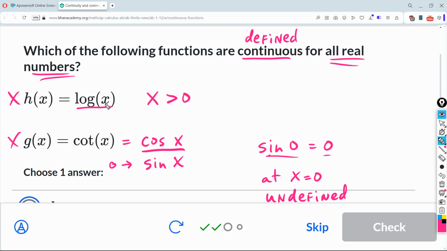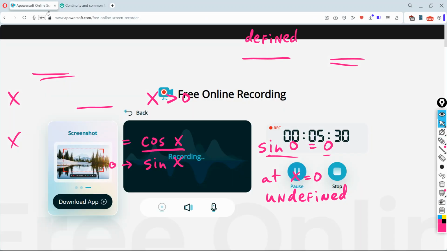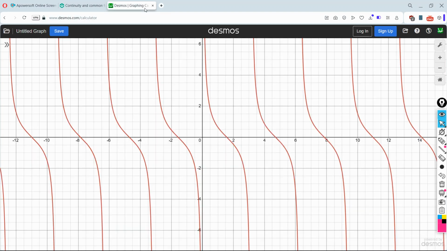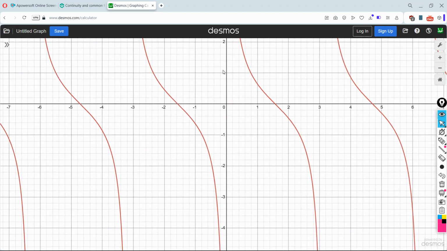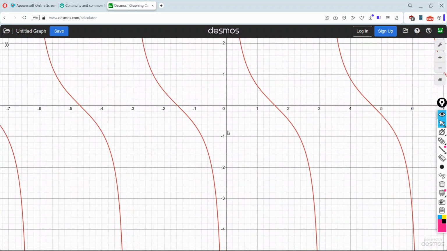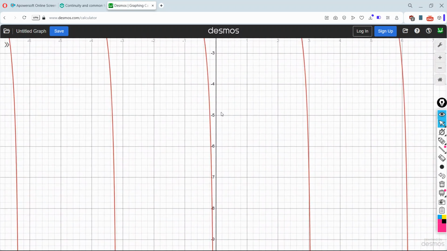Any of these you can graph on Desmos and you'll see. I'll just do the one real quick. So here is the graph of cotan of x. If I zoom in, you'll see the graph never reaches x equals 0. It keeps going down, but it will never reach the y-axis, which is x equals 0.